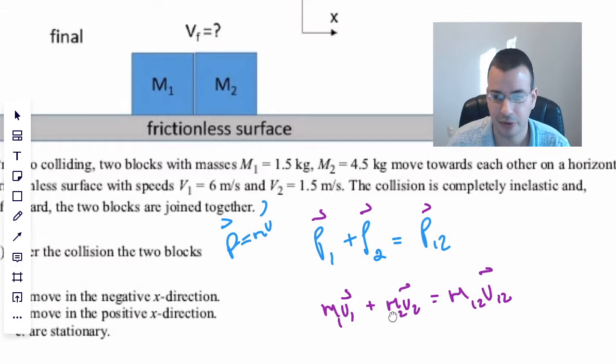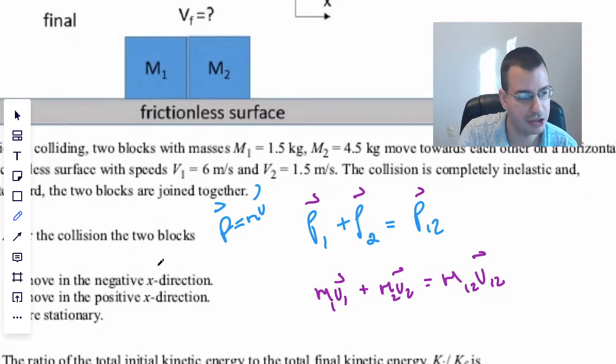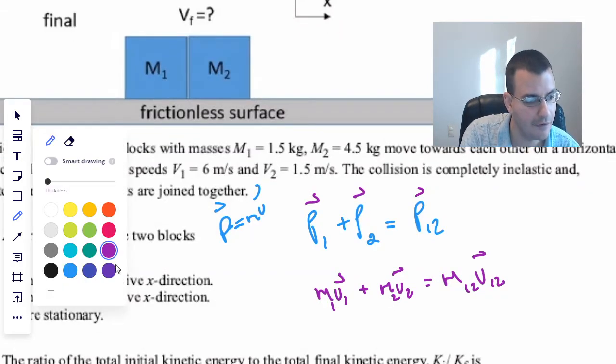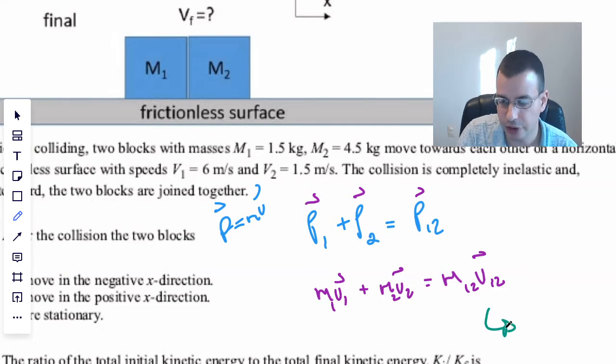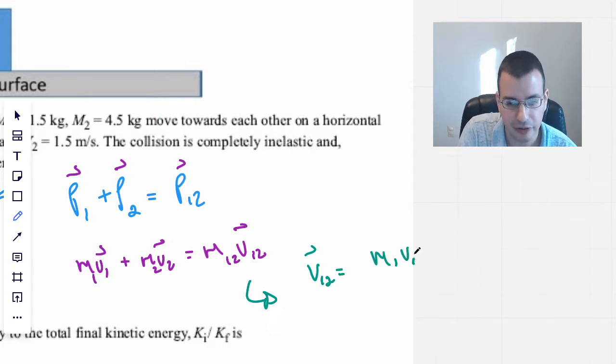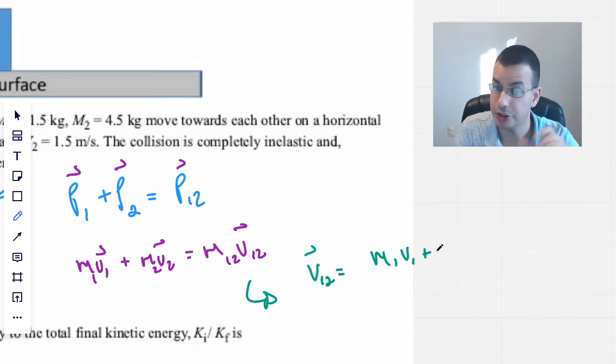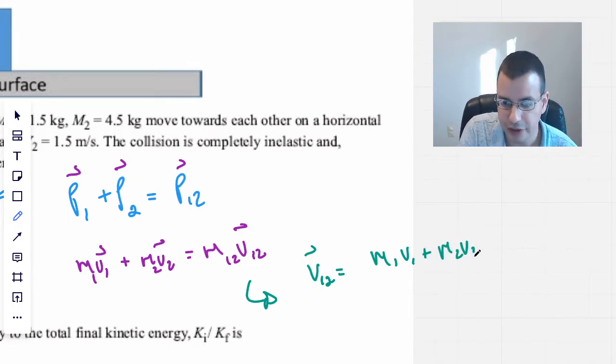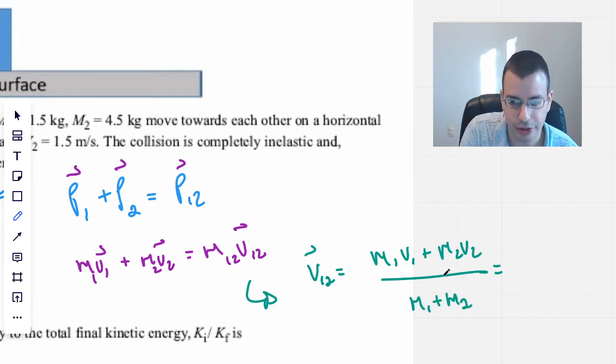So for the mass, that's pretty straightforward. It's just mass 1 plus mass 2. Okay. Solving this out then for v1,2, we have velocity 1,2 equals mass 1 v1, I'm going to leave off the vectors for now, but we know they're still there, plus mass 2 v2, all over mass 1 plus mass 2.